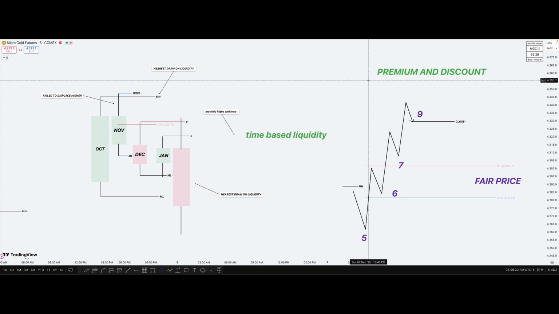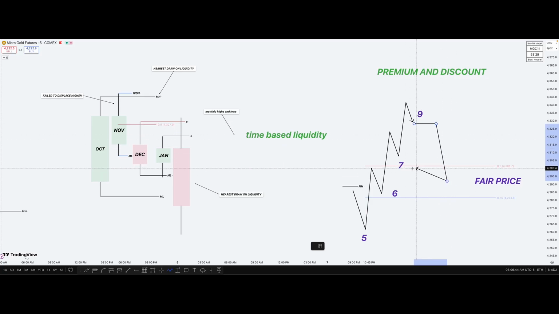Just very simple. So we would want the price to do what? The price is closed here. So when the next candle opens, we would want the price to come down to the fair price towards 7 and 6, or any of the level you're comfortable with, but it needs to be below 50% level, all right?